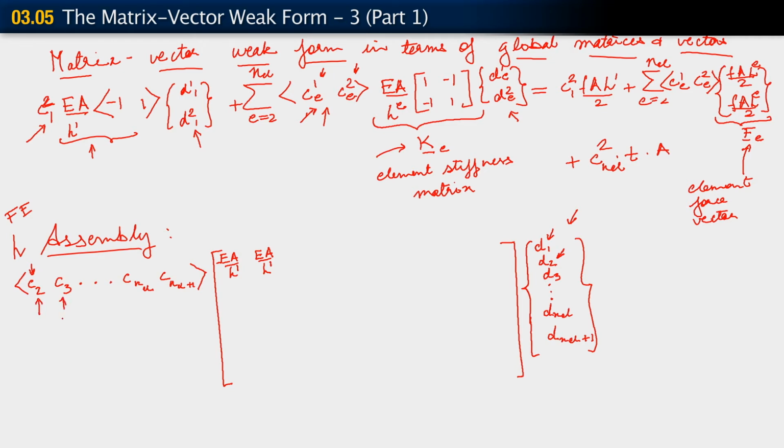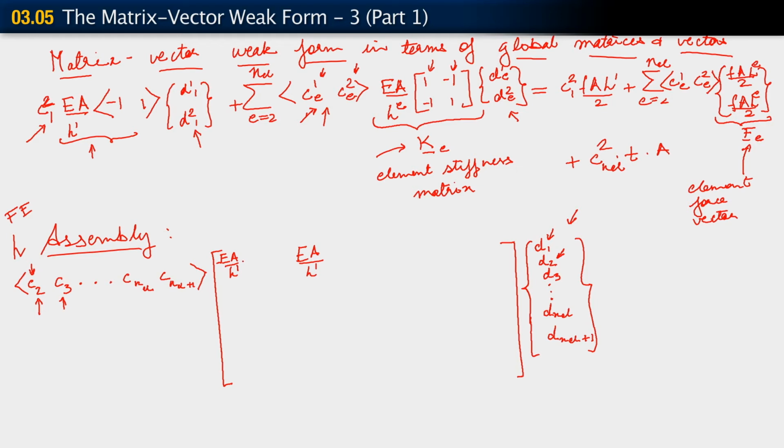Now, those contributions come from the entries to this matrix. When we put those together, we get an additional contribution, and I realize that I'm already running out of room here, so let me just move this over to EA over H1 here. The contributions from element number 2 would be the following.